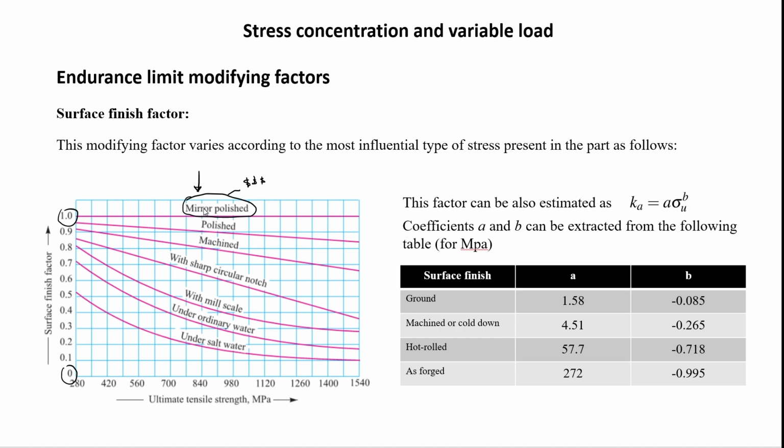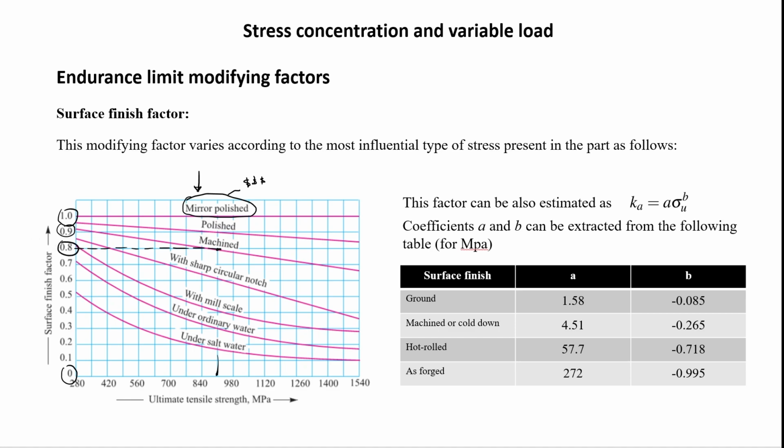But the interesting thing is that when you go from the ideal case, mirror polish, to other cases, your endurance gets punished by these factors. So let's imagine a machined part, it just came out of the lathe or the machine tool you're using. For this ultimate strength of the material, you have to multiply your endurance by 0.8.